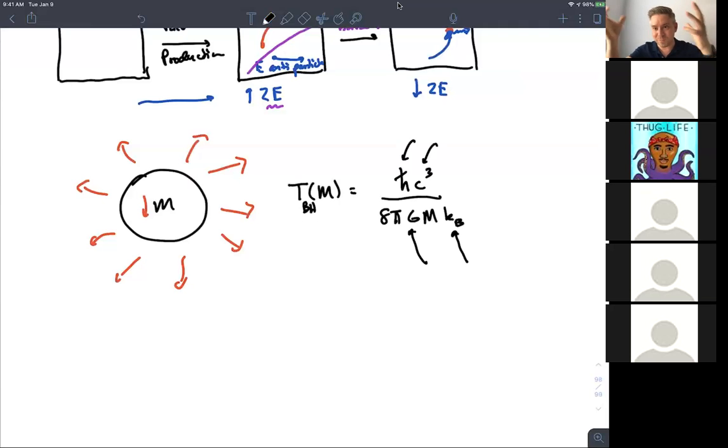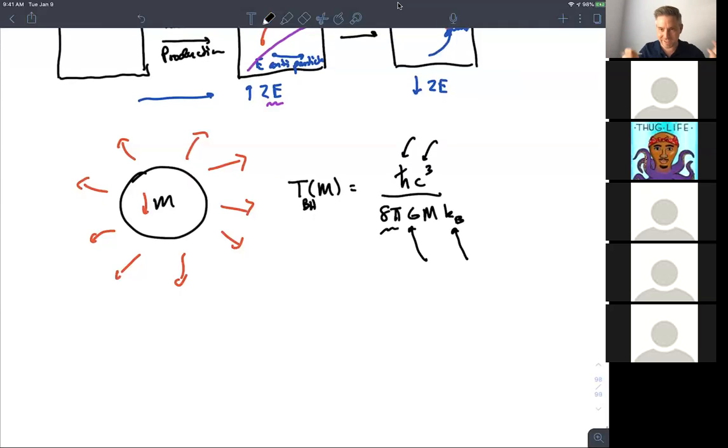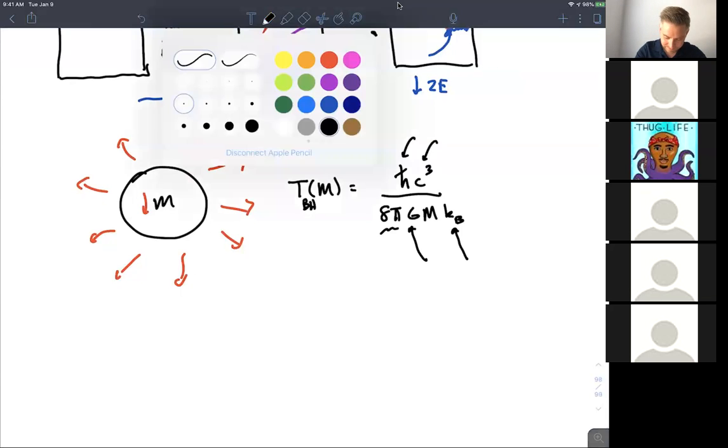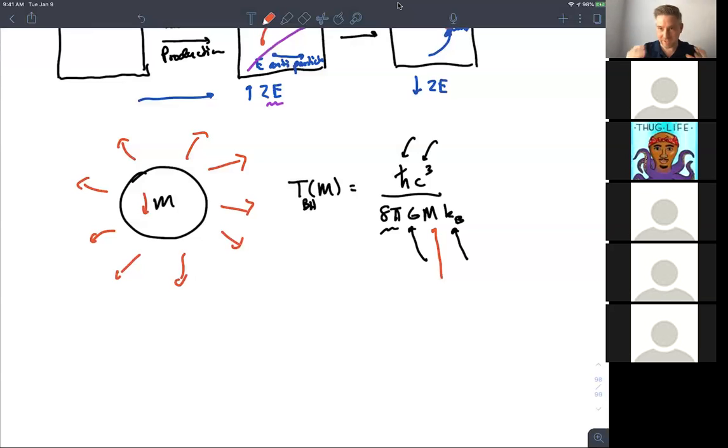So essentially every possible branch of physics is contributing to this expression, which is kind of cool. And of course, 8 pi is also a constant. The only variable in this equation is the mass. Okay, so the temperature of a black hole depends only upon its mass in the following way.